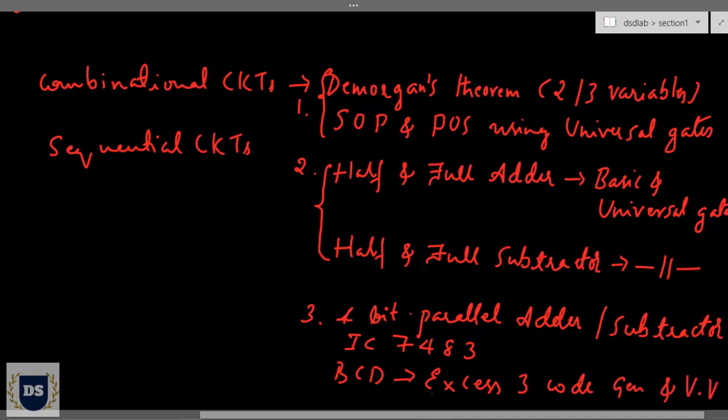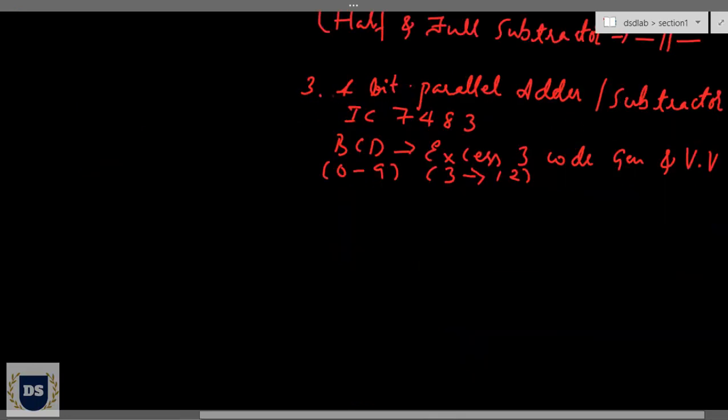That is, if my input is in the range 0 to 9, according to XS3 code I will be getting output in the range 3 to 12, and as far as vice versa is concerned, if my input is within the range 3 to 12, my output will be within the range 0 to 9. These two experiments make up our experiment number 3.